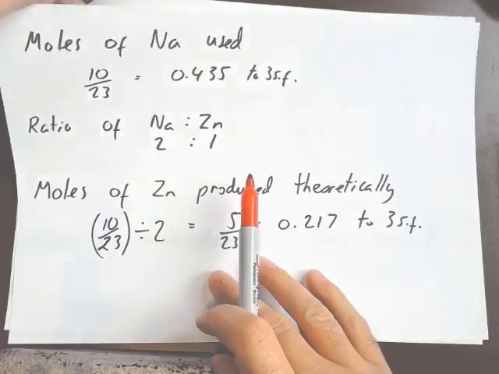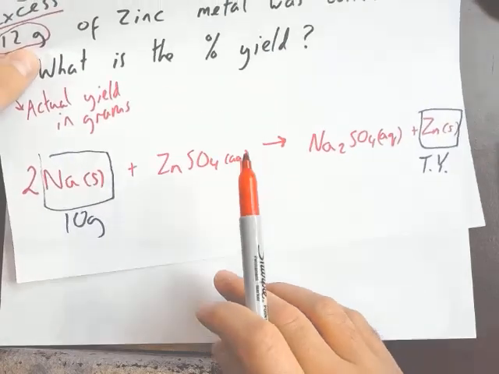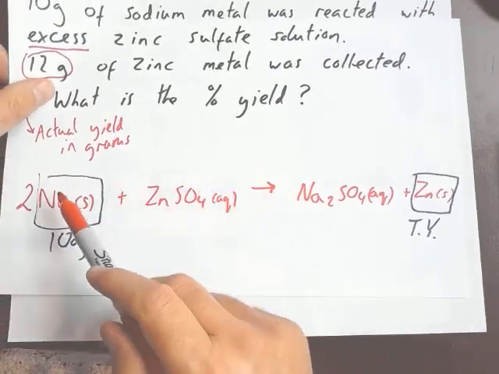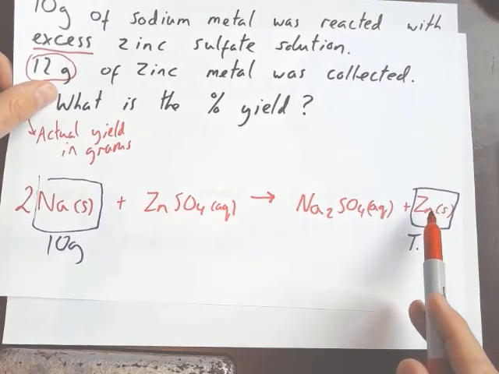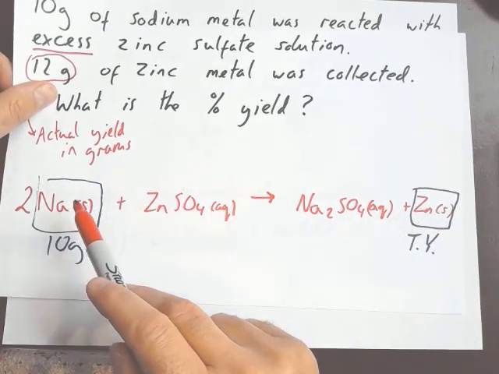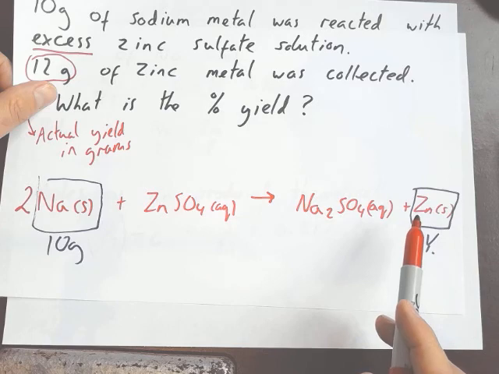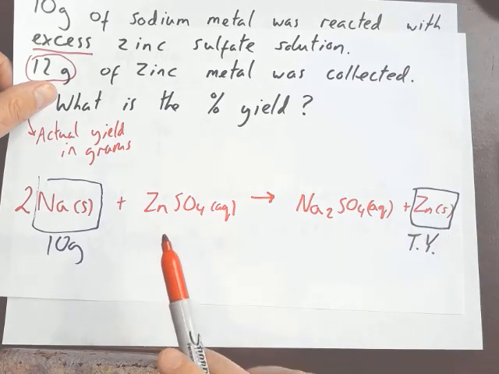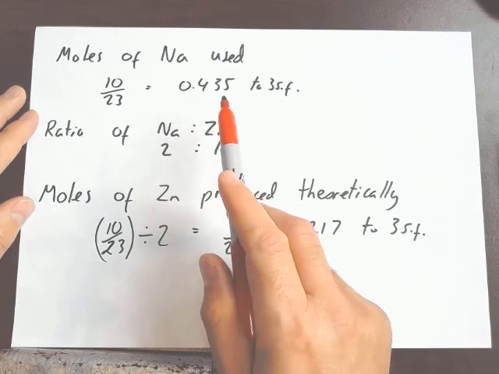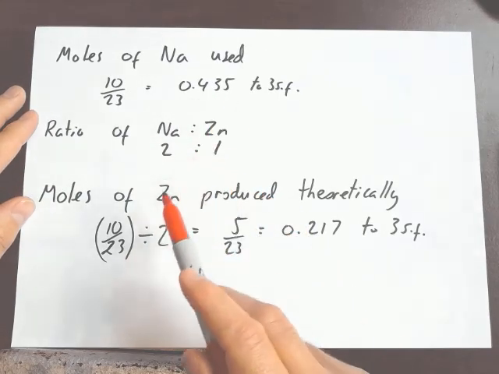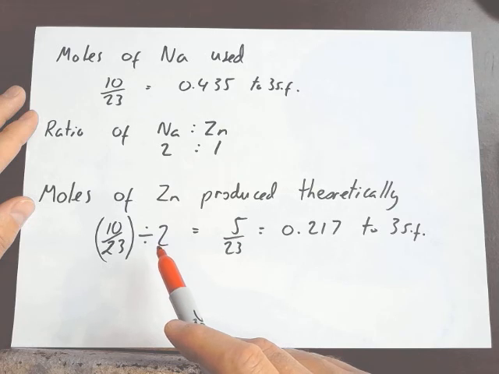Now, to go back to my equation, the way it was balanced, for every 2 sodiums, only 1 zinc is produced. So for every 2 moles of Na, you get 1 mole of Zn. So that's how many moles of sodium I started off with. Therefore, I'm going to produce theoretically half the amount of zinc.